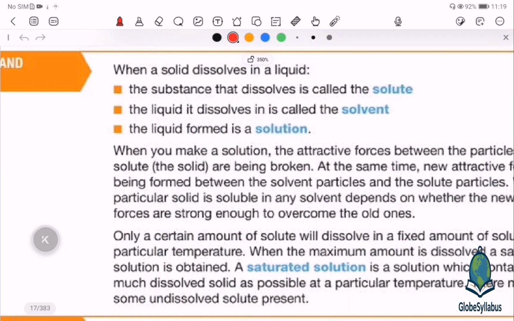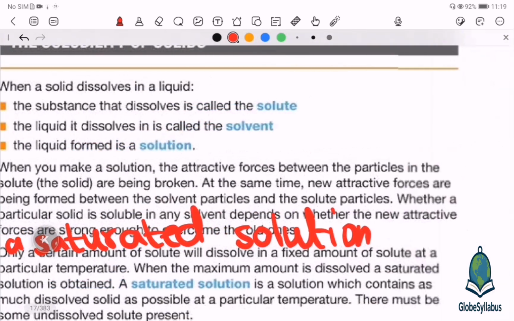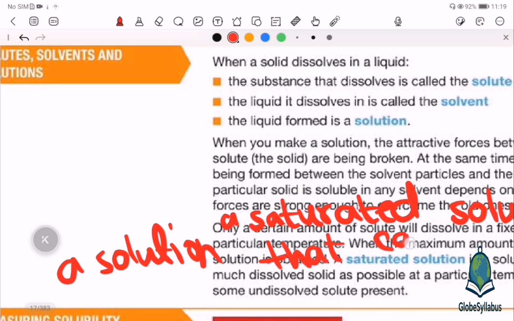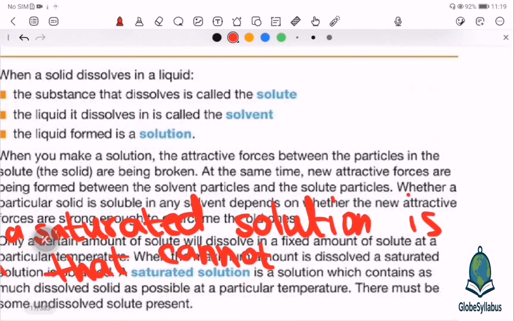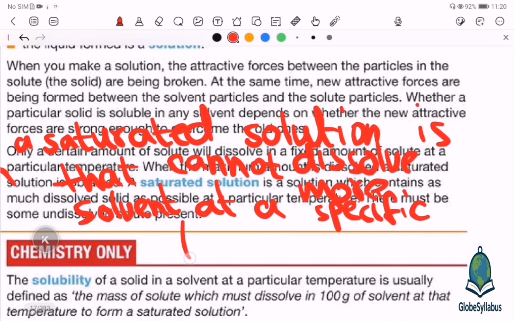Saturated solution is a solution that cannot dissolve more solute at a specific temperature. When you write this definition in the exam, you have guaranteed your mark.